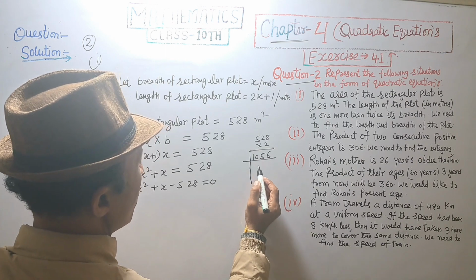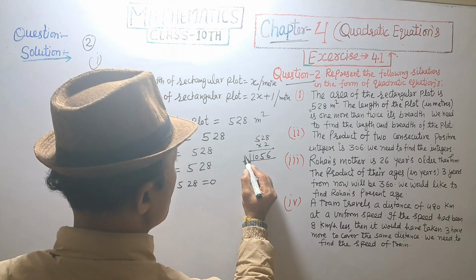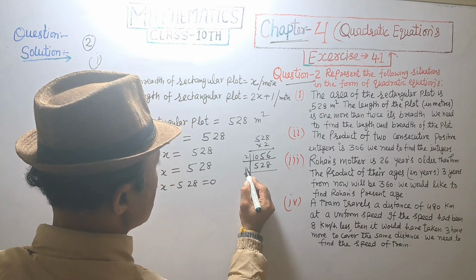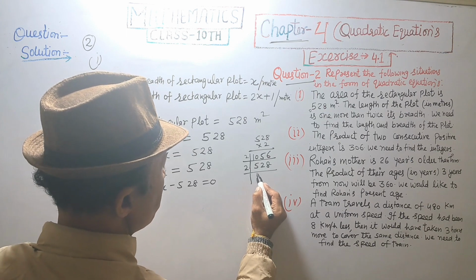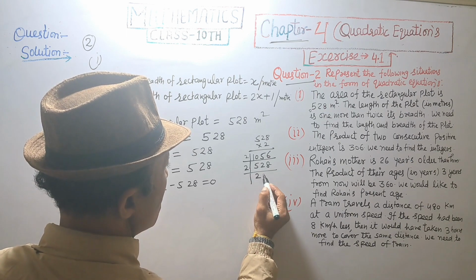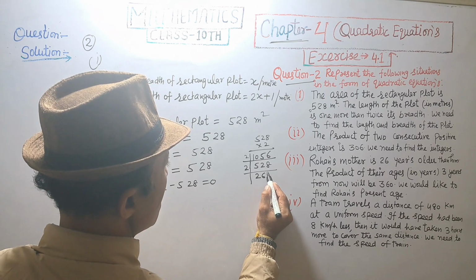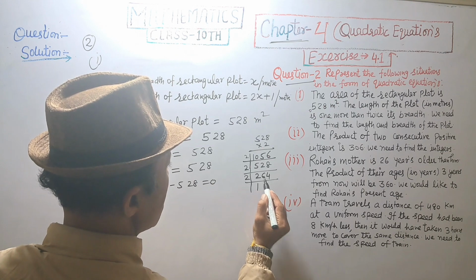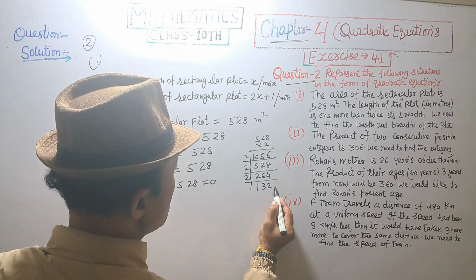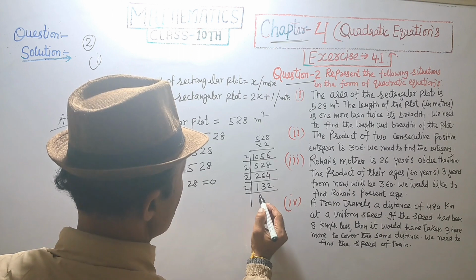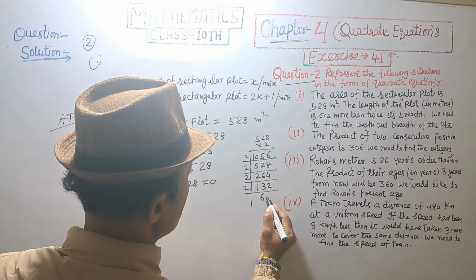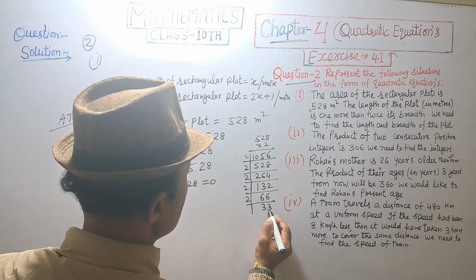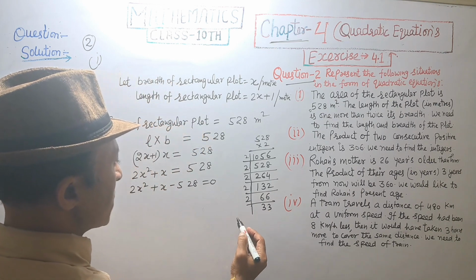Prime factorization of 1056 is 2 into 2 into 2 into 2 into 2 into 33.